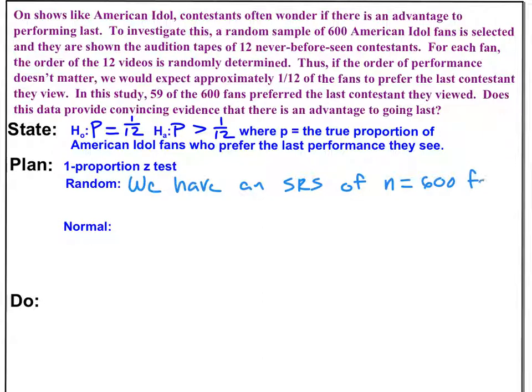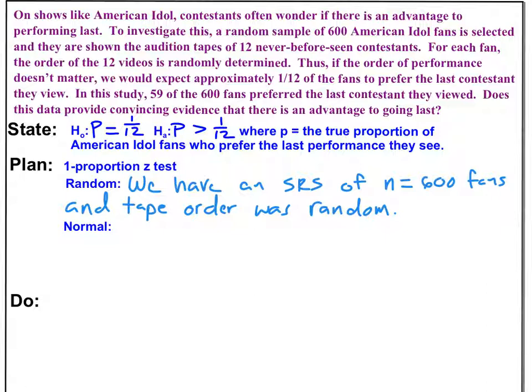That's got to be true, and this is just as important. It says that the tape order was random. That one's got a little extra element to it that we have to include.